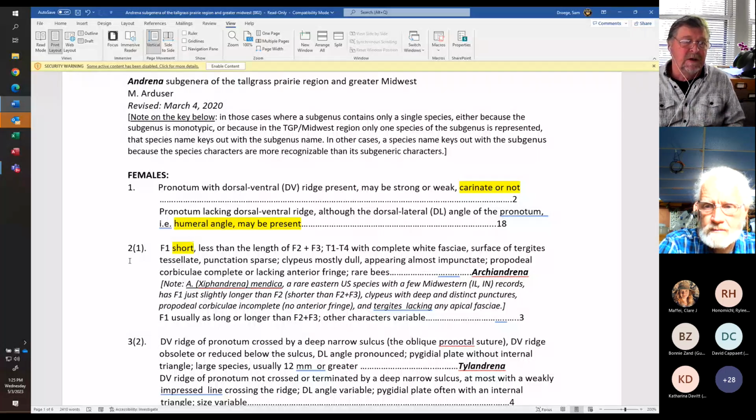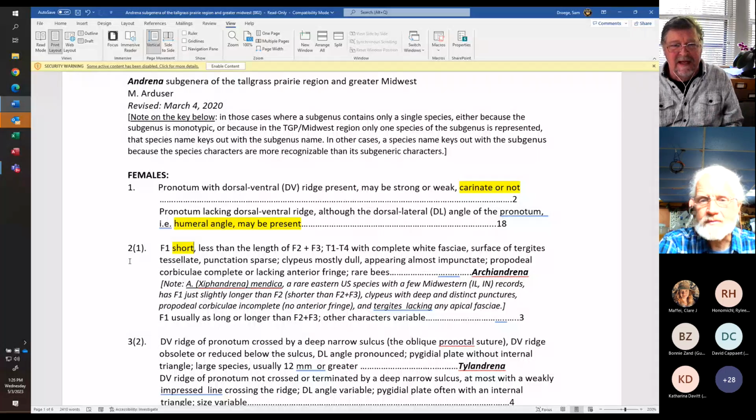Generally speaking, most of the later Andrena work in the last 2, 3, 4 decades has emphasized the dorsoventral ridge, and that indicates dorsal to ventral. There's a ridge that runs basically perpendicular or vertical.